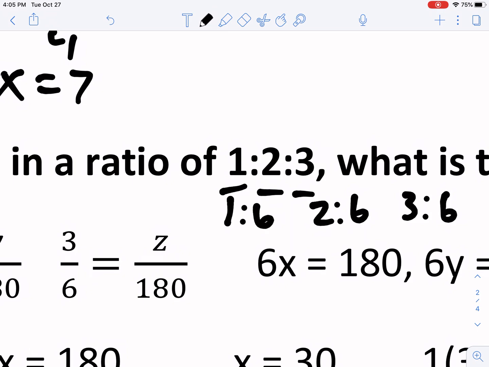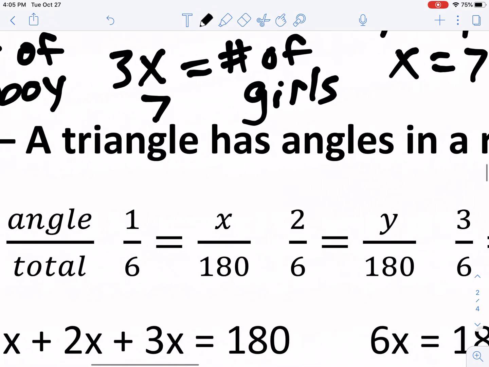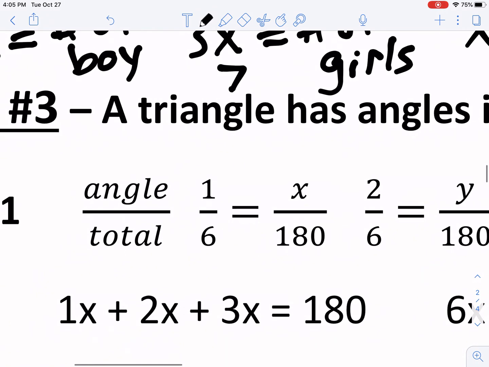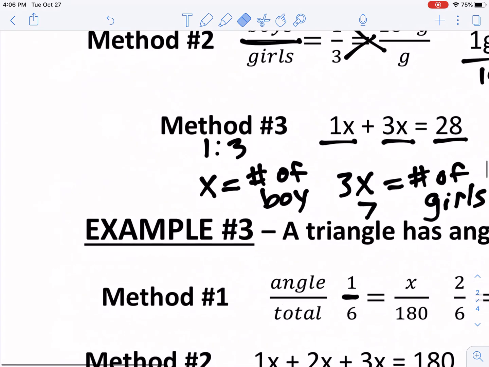Okay. Now, the reason why that is useful for us, if we just take the first one, let's just focus on the first one here. So on the first angle, we said it's 1 part to each 6 parts. If I think of a triangle, let's say I had a triangle where this is x, y, and z. Well, let's try to make this a little bit better. Maybe we can write it out to the side here.